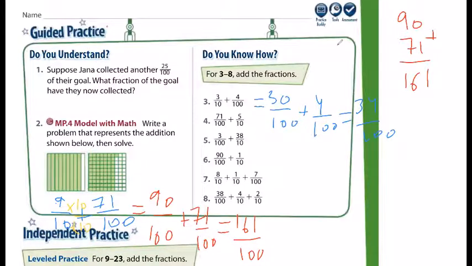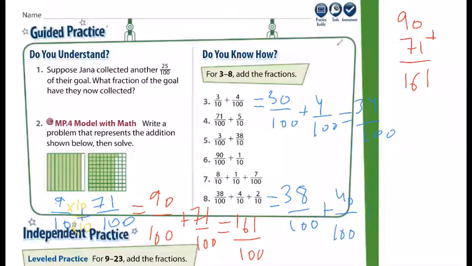Question number 8. Also, if I have more than two fractions, I should also make a common denominator for all fractions. So 38 over 100 plus 4 over 10 plus 2 over 10, I will make the 10 as 100. So I will multiply the 4 over 10 by 10 in the numerator and denominator. So it will be 38 over 100 plus 4 times 10, 40 over 10 times 10, 100.